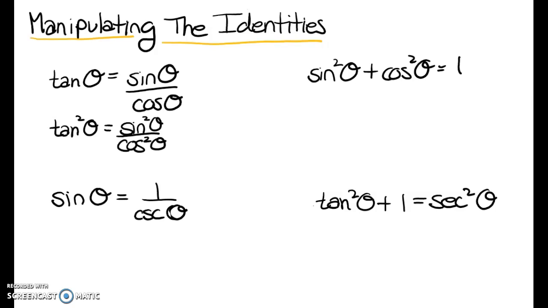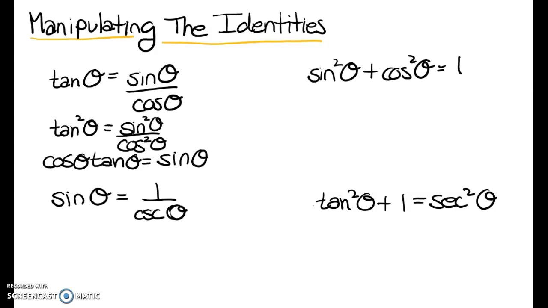Okay, so if I square both sides of this identity, I get something that looks similar but is a little bit different. I can also cross multiply and get cosine of theta times tangent of theta equals sine of theta. Okay, so I can use all of my algebraic properties to manipulate our original identity.